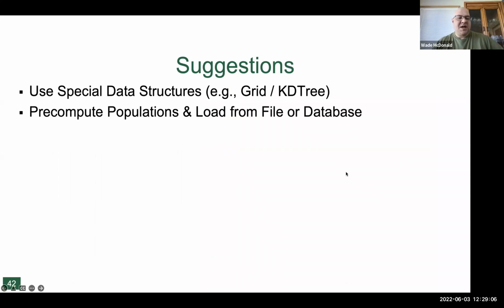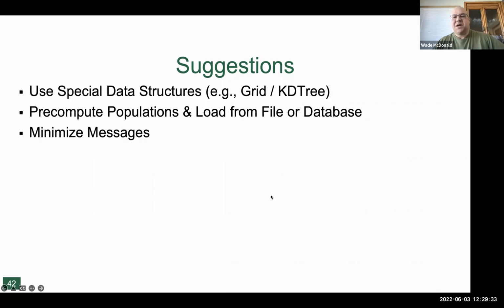But since those projects, I've learned that it's actually much better to pre-compute your population and its network and load it from a file or database, rather than randomizing it every time the model runs. And if you want to work with several different populations, you can make several pre-computed populations to use with the model.